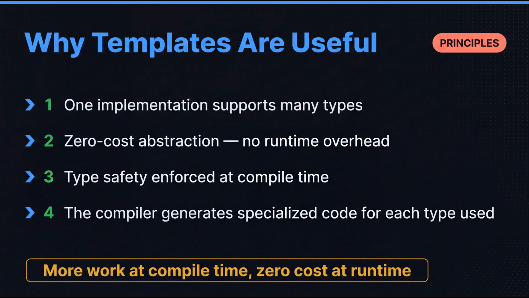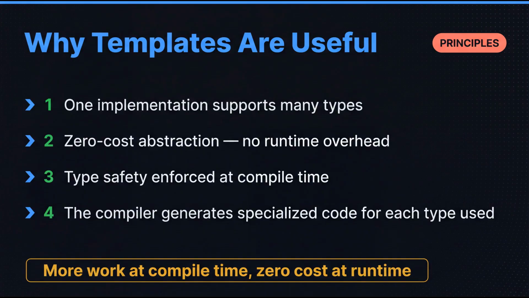Four reasons templates matter. First, one implementation supports many types. You write the algorithm once, and it works with int, double, string, or any custom type that supports the required operations. Second, zero-cost abstraction. Unlike runtime polymorphism, templates don't add virtual dispatch overhead.